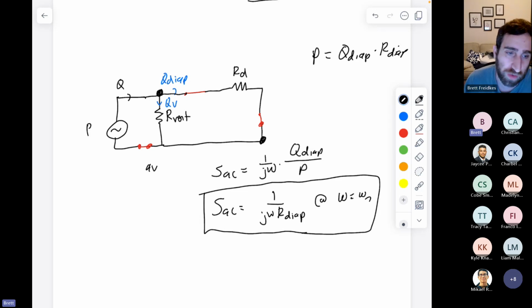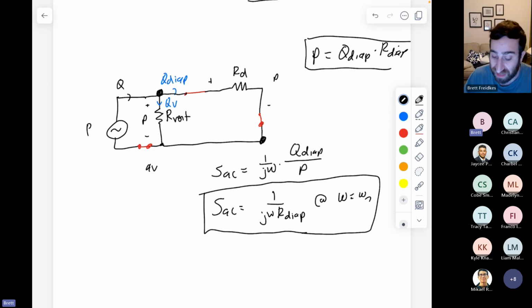Now, because these two things are in parallel, mostly because this cavity is now missing, we see that there's a pressure drop of P across the vent, and there's a pressure drop of P across the resistor for the diaphragm. They both are in parallel. They both have an effort drop of P. So if the effort drop, or the voltage drop, is P across the diaphragm resistor, we can say that V equals IR, that the pressure, which is like voltage, is equal to I, the diaphragm volume velocity, times the resistance of the diaphragm.